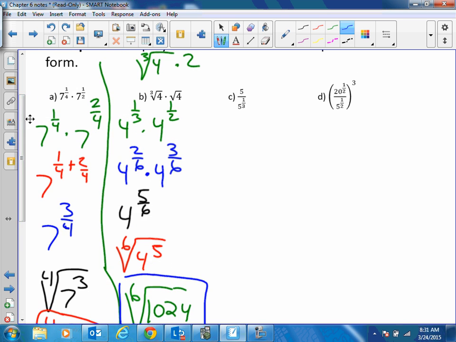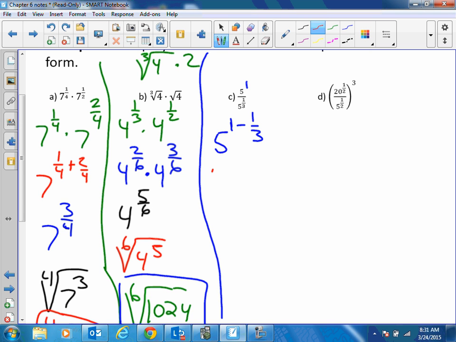Let's go to the next one. When we divide, we have to subtract the exponents. Remember that's a 1 right there if it's not written. So we do 1 minus 1/3 because we subtract the exponents. Well, 1 is 3/3, minus 1/3 gives us 2/3.